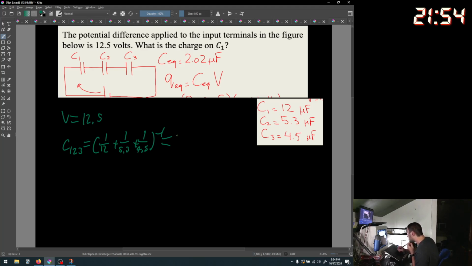So this is going to be 2.02 microfarads.